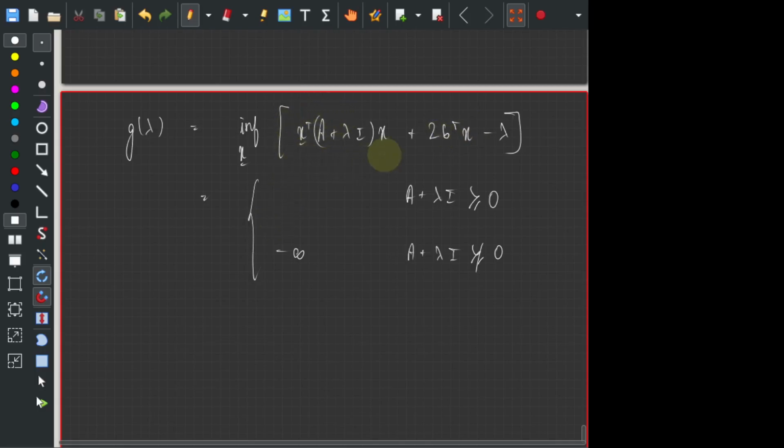It does not affect the first term. So you can choose an x for which the second term is negative, the first term is also negative, and you let the norm of x tend to infinity. So the infimum over all possible x of this function is minus infinity if A plus lambda I is not positive semi-definite.